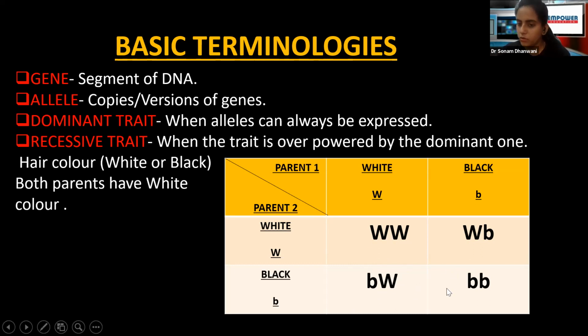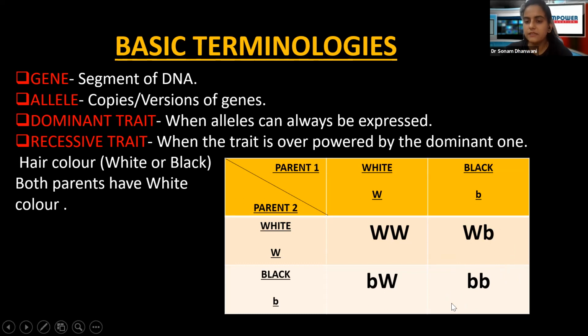Now coming to the fourth possibility, which is small b and small b. This is the only possibility where there is no dominant character, meaning there is no white hair. Both characters, or both alleles, are the recessive ones. So because the dominant character is not there, the recessive can act strong, and if this possibility arises, then this baby will have black hair.